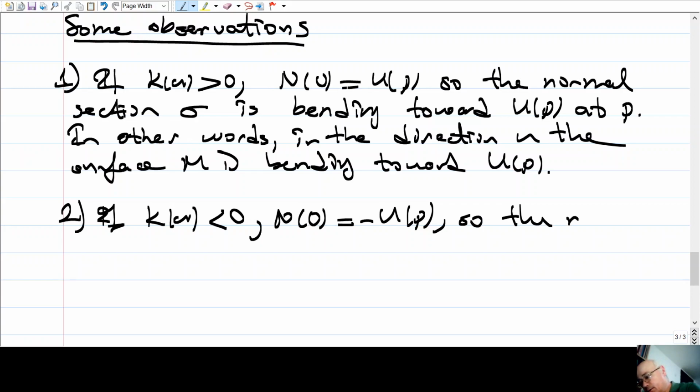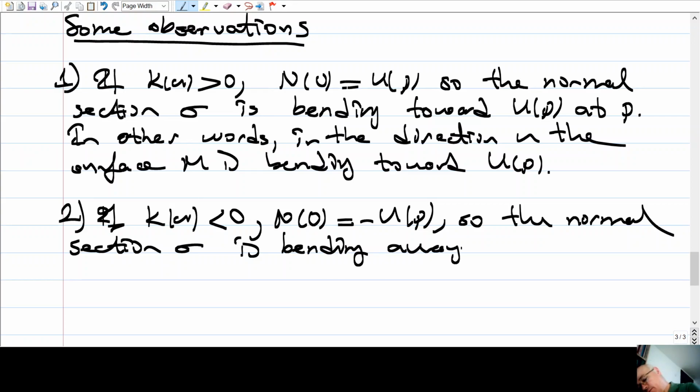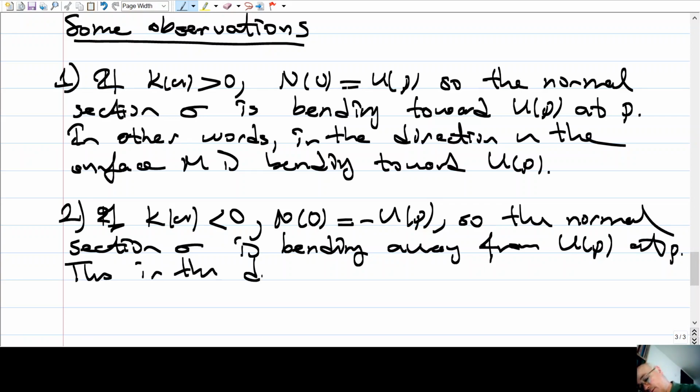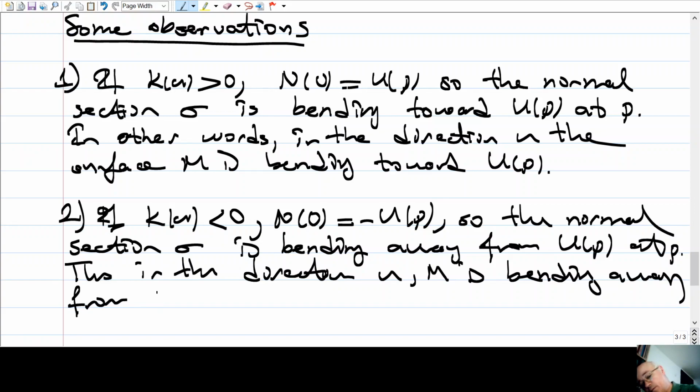So the normal section sigma is bending away from UP at P. Thus, in the direction U, M is bending away from UP.